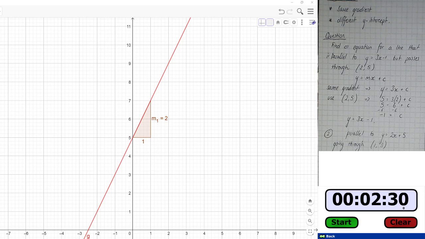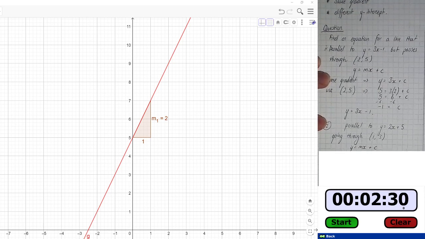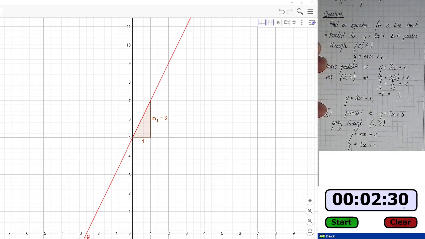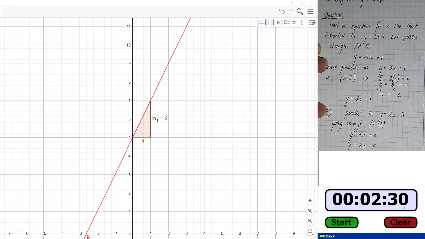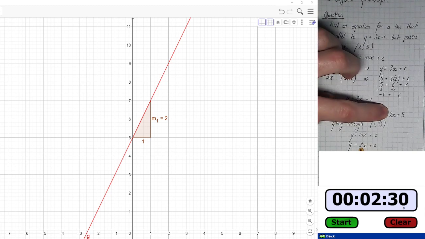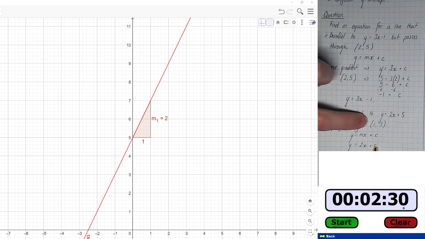All right. So if we bring things up to here, we can see that the gradient is the same. Okay, they both have a value of 2. It's just finding out what this constant is. And we use the coordinate to find out what the value of the constant is. This is our x value. This is our y value.